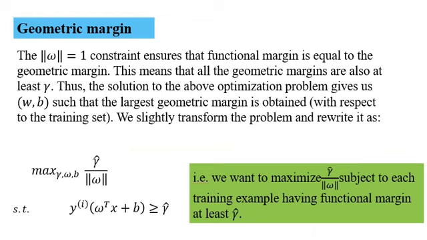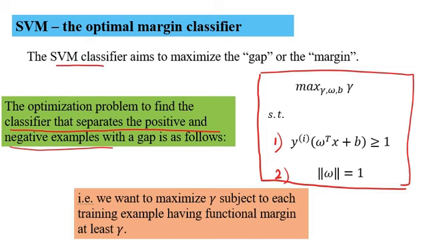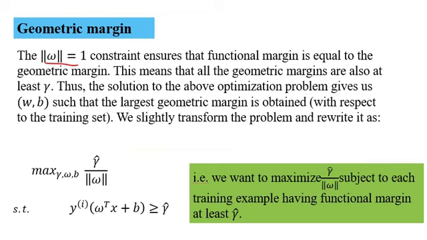Now, the norm of w equal to 1, the second constraint, ensures that the functional margin is equal to the geometric margin. As discussed in the previous videos, this means that all the geometric margins are also at least gamma.